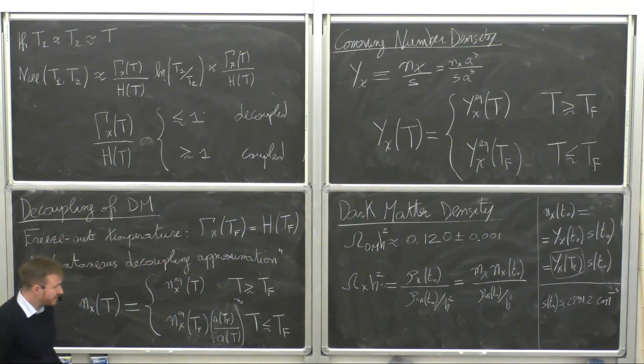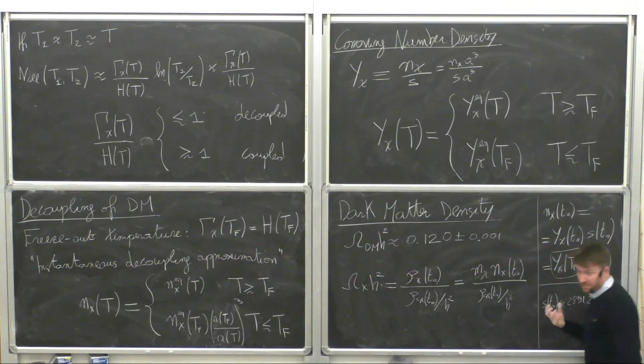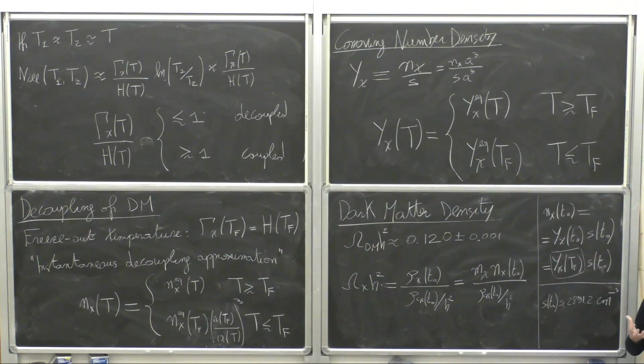Okay, so you see from this blackboard here, first of all, how useful comoving quantities are in this context, and also the essential role of this quantity here. So in the remaining 45 minutes, we will do calculations of this, and then we will plug these calculations here. Okay?